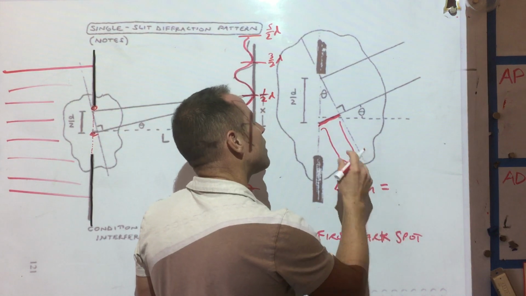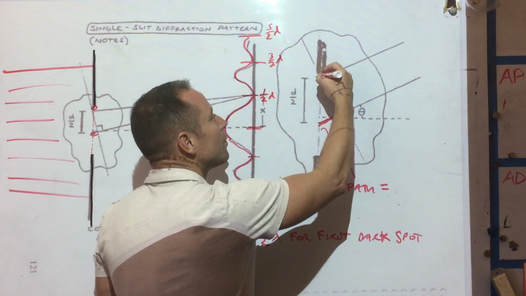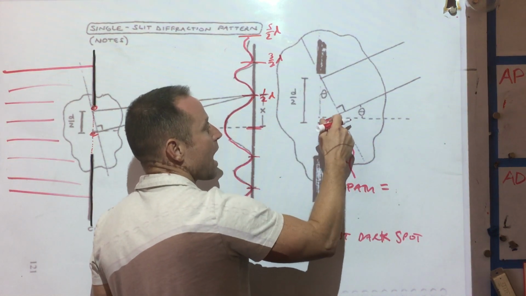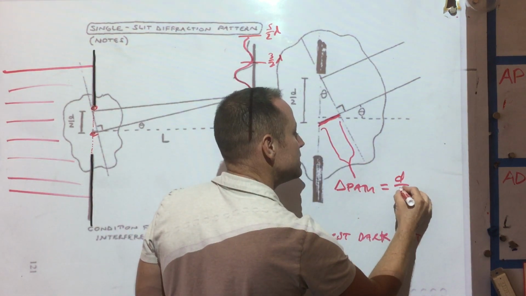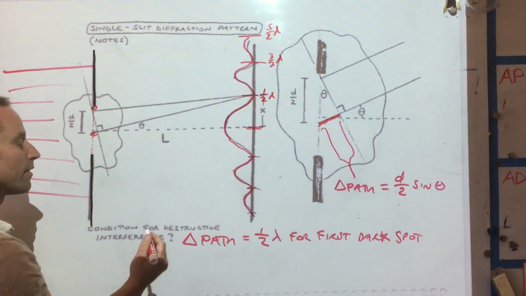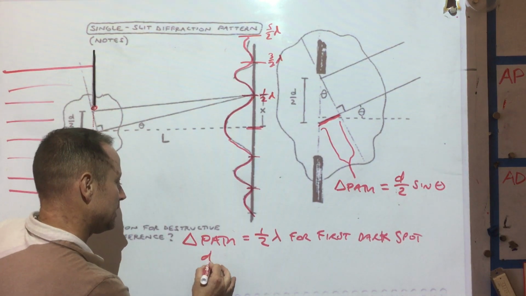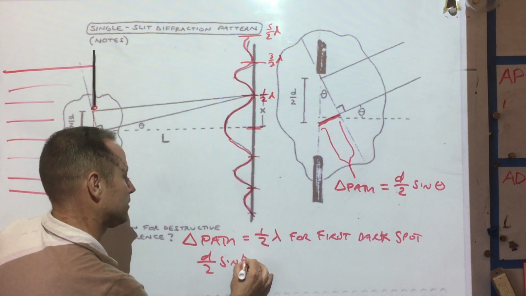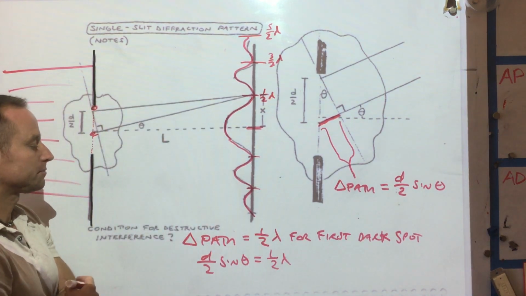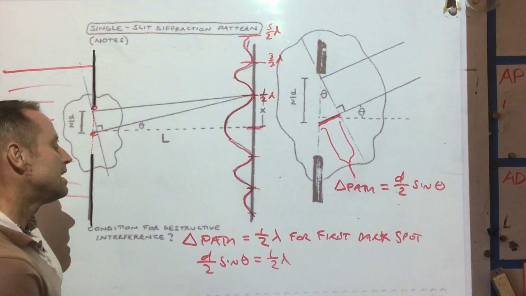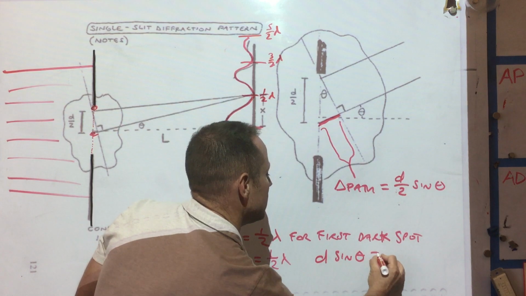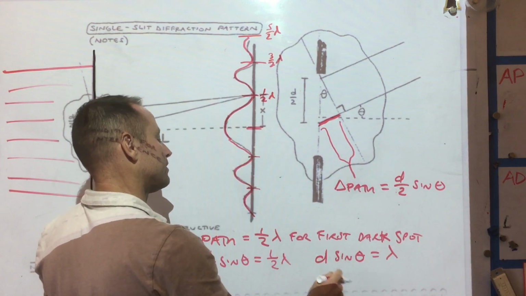From the picture, if we know this length here is d over 2, and this is theta, this is the opposite side of the angle, so this must be d over 2 sine theta. We'll put that in for the path difference. So we get d over 2 sine theta is lambda over 2. The 2's go away, and what's neat is you get d sine theta equals lambda for the first dark spot.